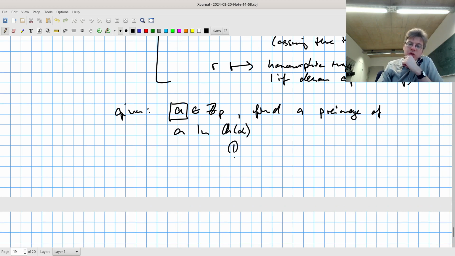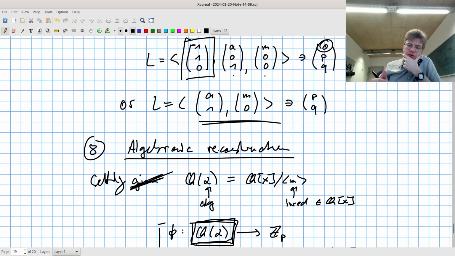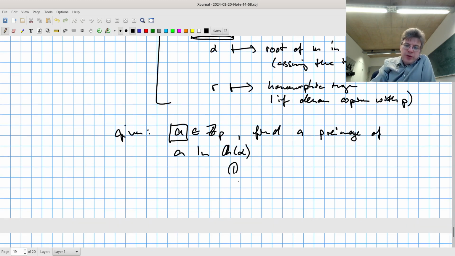You know that an algebraic number field is defined by an irreducible polynomial, but it's also a vector space which is generated by the powers of alpha up to the degree of m. So all the elements of this field look like this: u0 plus u1 alpha plus u2 alpha squared plus up to u_{d-1} alpha^{d-1} for certain u's that are in Q.